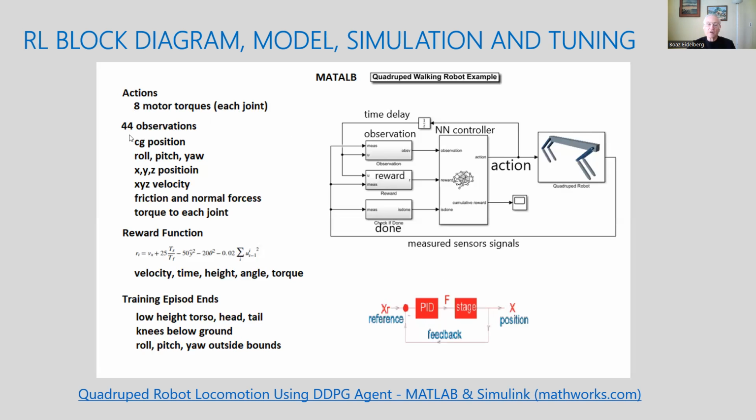And over here, we have 44 observations from the robot, which are being fed back into the neural network, and they call the CG position, the roll, pitch, and yaw, the XYZ position, the XYZ velocity, the friction, and the normal forces at the legs, and the torque to the joints. All of this is being fed back. They are partly going into the observation and partly going into the reward function.